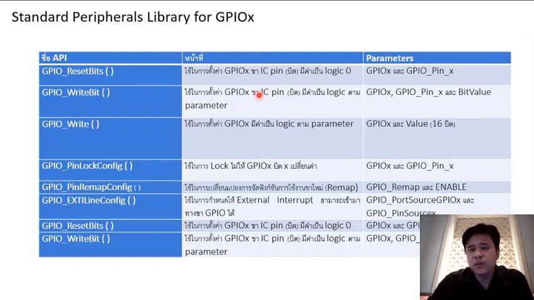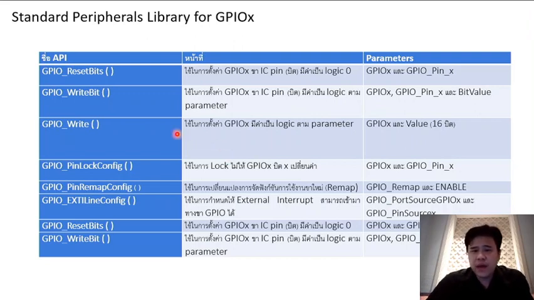As you can see in this one, you can also pass a GPIOx. It means that you would like to make all the outputs zeros, or you can specify just a single pin such as GPIO_Pin_0, GPIO_Pin_1, GPIO_Pin_2. It depends on you. So this one is a very useful tool to change the logic of your GPIO.